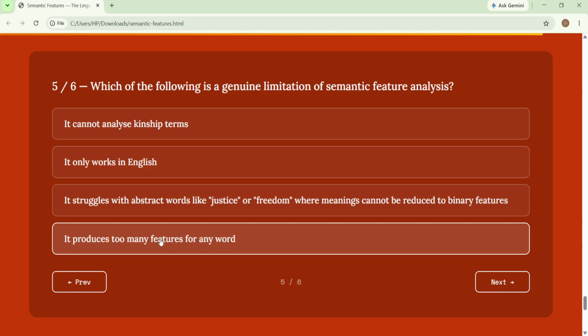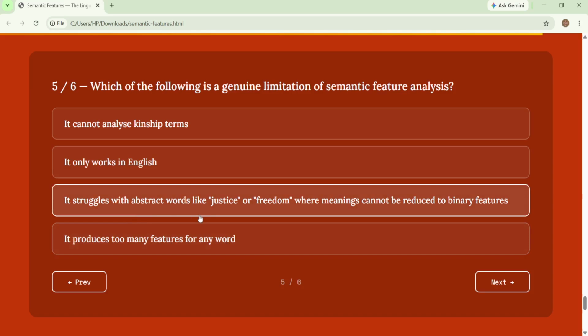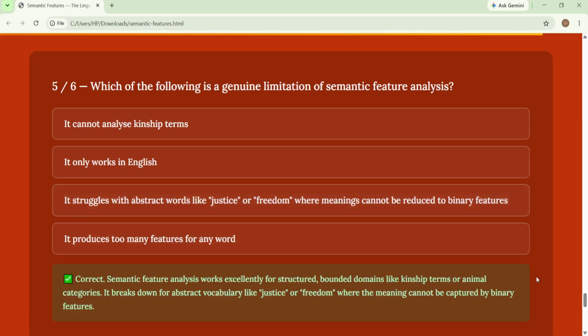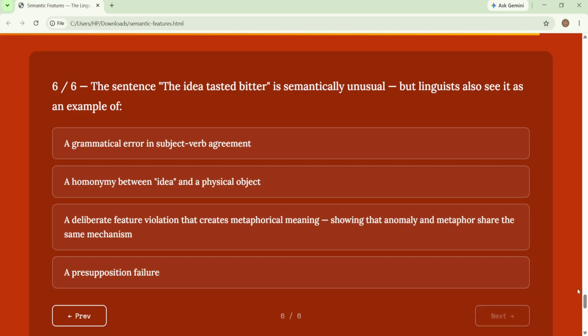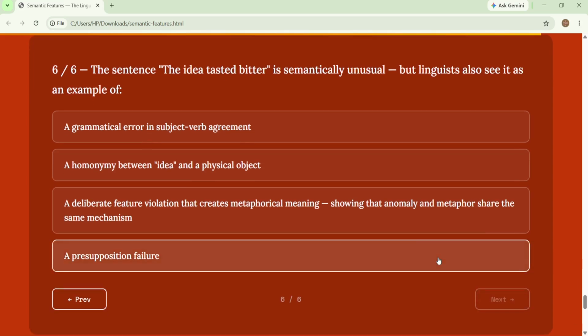Well, that can depend on the situation. It struggles with abstract words like justice and freedom, where meaning cannot be reduced to binary features. Well, that's correct. As we have discussed, this is one of the major drawbacks of feature analysis. Then move on to the sixth one, which is the last one.